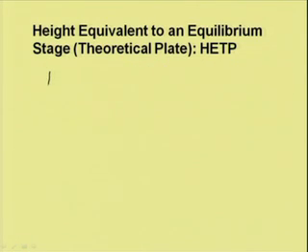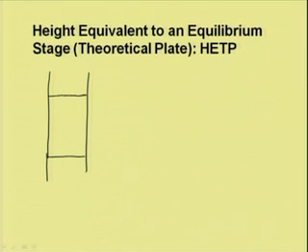We have two different trays, and this is named as nth tray, this is n plus 1, and say there is a liquid hold off on the tray.